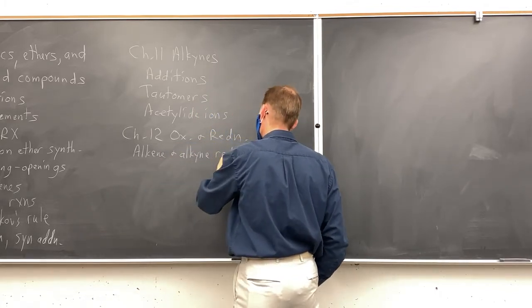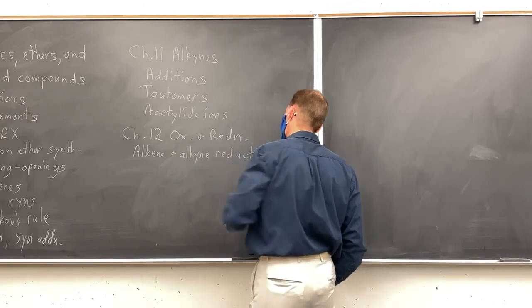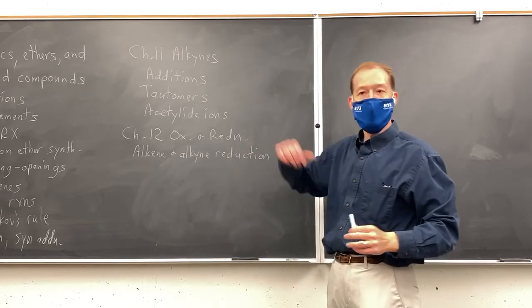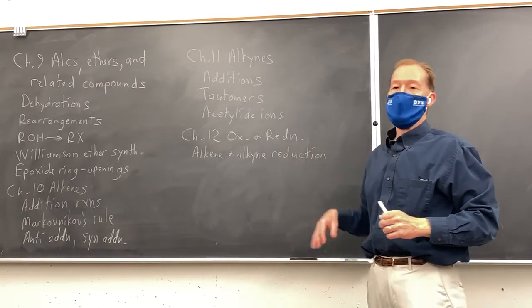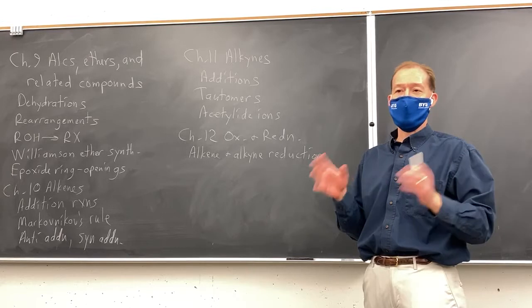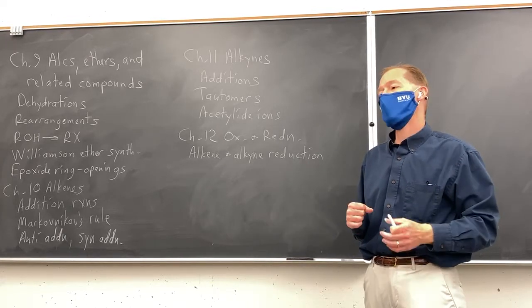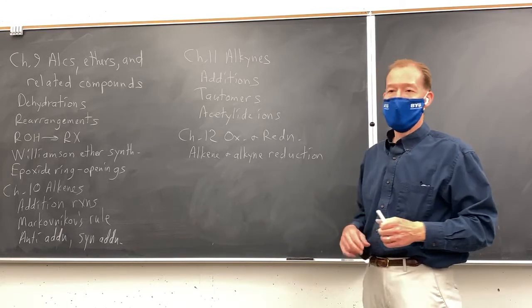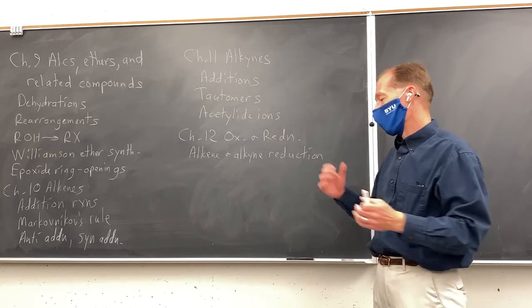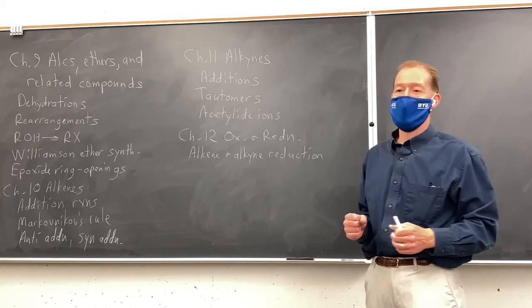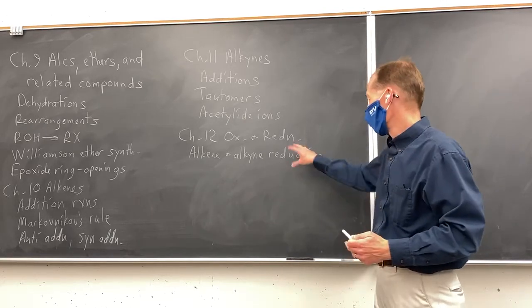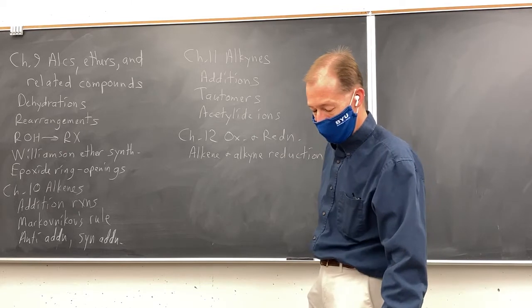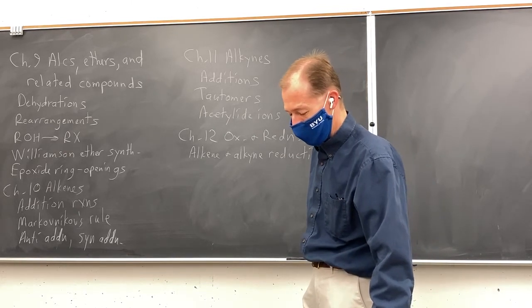We use hydrogen and a metal catalyst such as palladium for many of these reactions. But then we have ways of reducing alkynes to get a cis-alkene, sorry, using the Lindlar catalyst. We can get a trans-alkene from a reduction using sodium and liquid ammonia. So understanding the ways of reducing alkenes and alkynes is important.